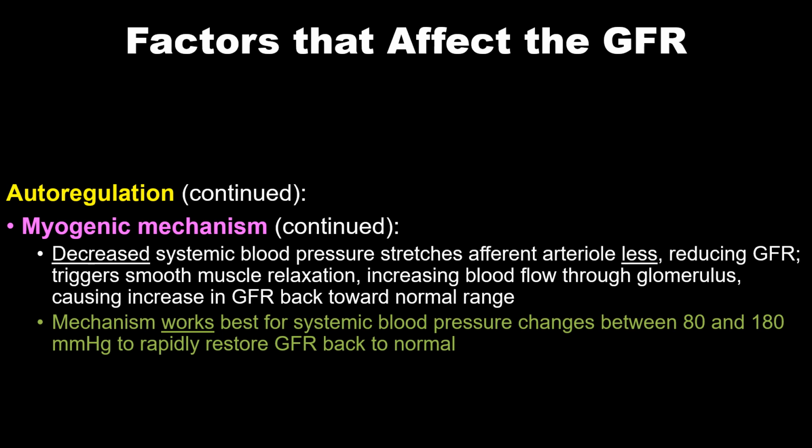And if the systolic blood pressure goes higher than 180 millimeters of mercury, this afferent arteriole can't constrict enough to restore normal GFR. Similarly, the opposite is true. If systolic drops below 80, the afferent arteriole is unable to dilate enough to restore normal GFR. So as long as systolic blood pressure is between 80 and 180, the kidneys can keep up.